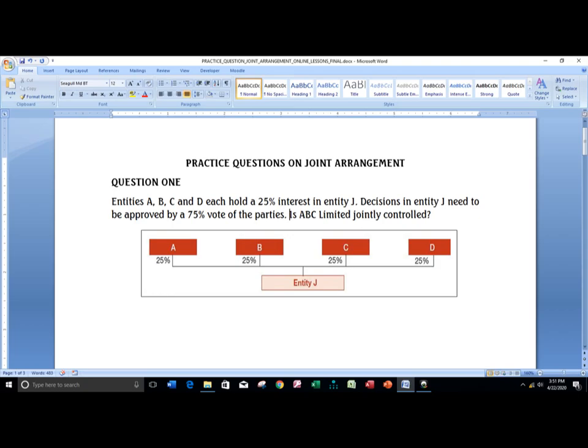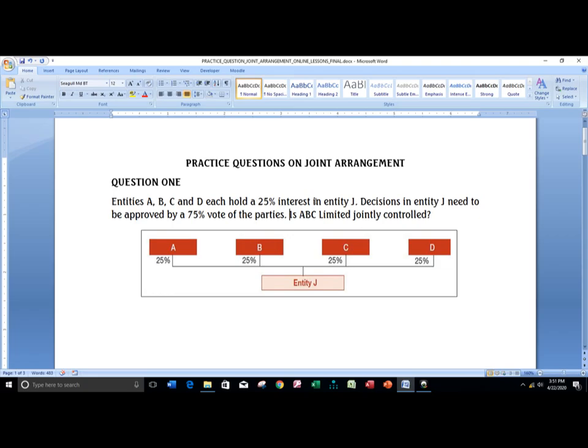And you remember from lesson one that we did say that for us to have a joint control, certain conditions must be fulfilled. Number one, all the parties involved must be carried along in decisions about to be taken. All the parties.